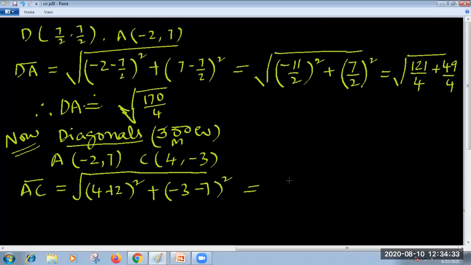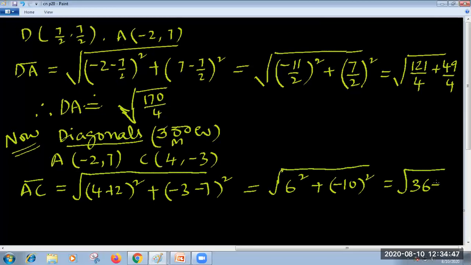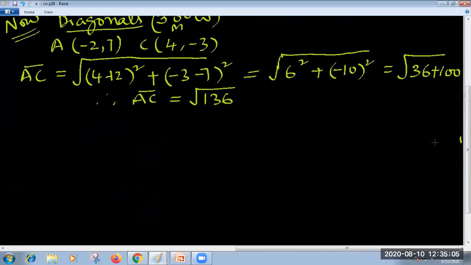So 6 square minus 10 square under root. Now this will be 6 square is 36, 10 square is 100. Therefore, the first diagonal is under root 136. Now let us find the other diagonal, which is BD.